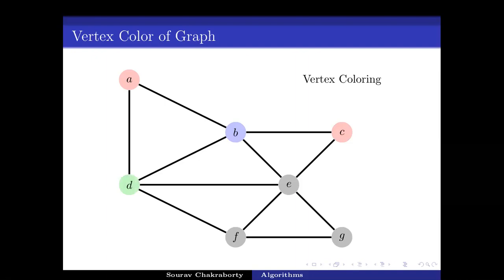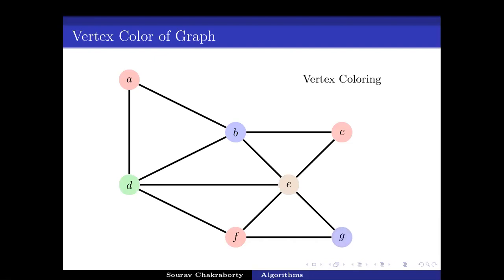Similarly, since D is connected to both A and B, we cannot use either of their colors, so we have to introduce a new color. Similarly for E, it has neighbors C and D, so we cannot really reuse those colors. But note that F again has no adjacency with that pink color, so we can color it using that.